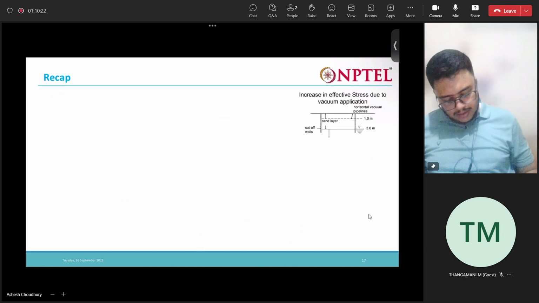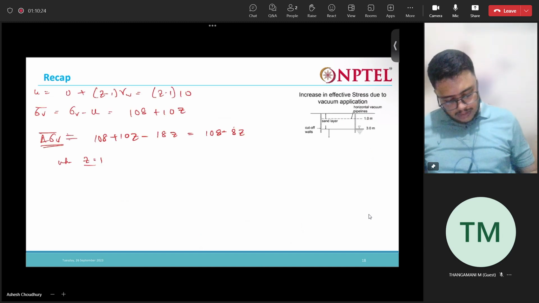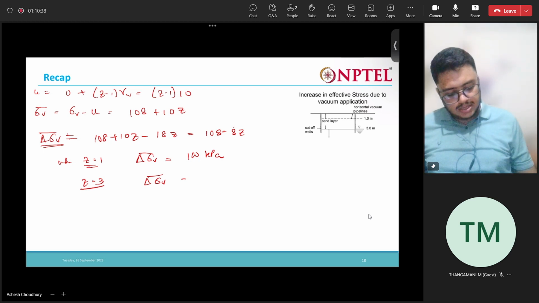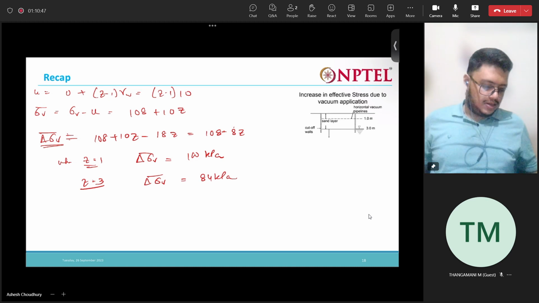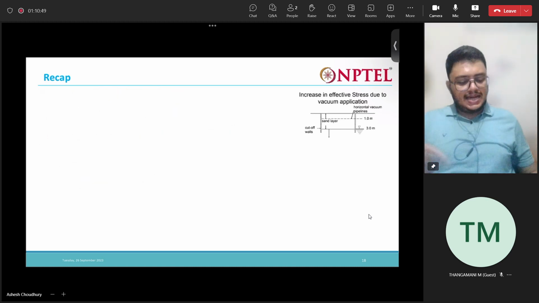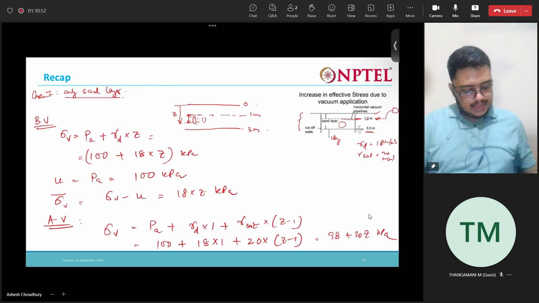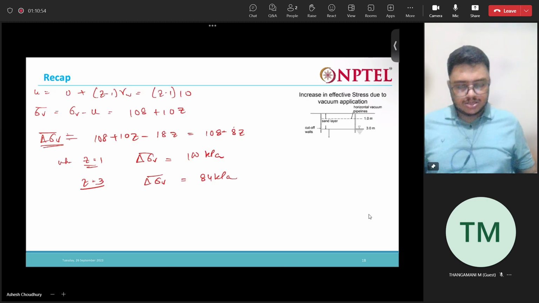When z equals 1, the increase is 100 kPa, right? And when z equals 3, 108 minus 8 into 3, which is 24, nothing but 84 kPa. So you can see in the sand layer, the increase in effective stress reduces with depth.